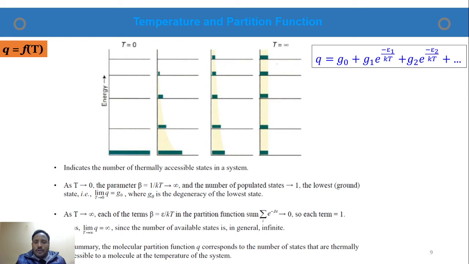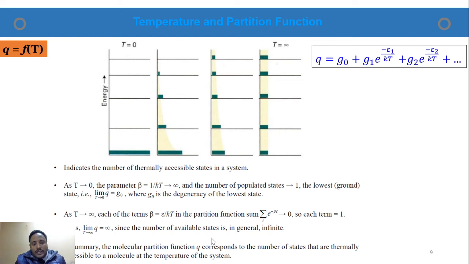As T tends to infinity, most of the energy levels will be populated, and so we will get contributions from most of the terms after the first term, and Q will assume a very large value. Thus, as T tends to infinity, most of the terms contribute to the value of the partition function, and so the value of Q will be very large and can be treated as infinite.